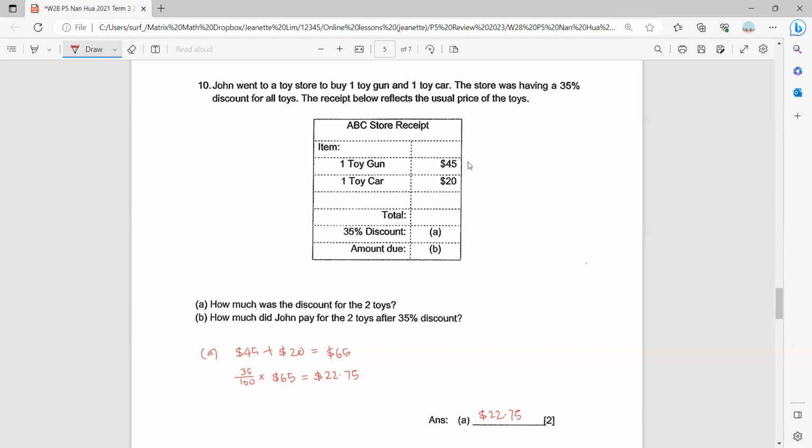Then for part B, how much did he pay after the discount? Okay, so originally the price is 65, right? If there's a discount of $22.75, we will minus it. Key into your calculator, you should get $42.25.